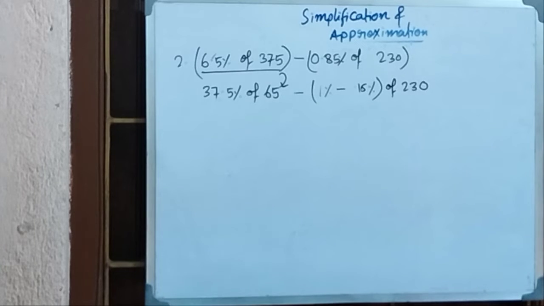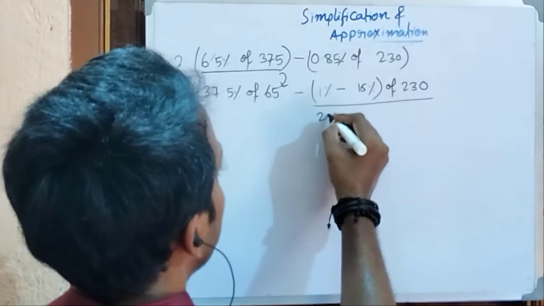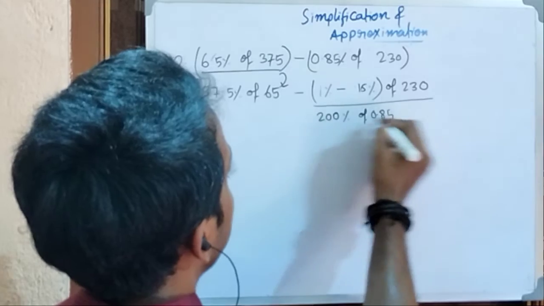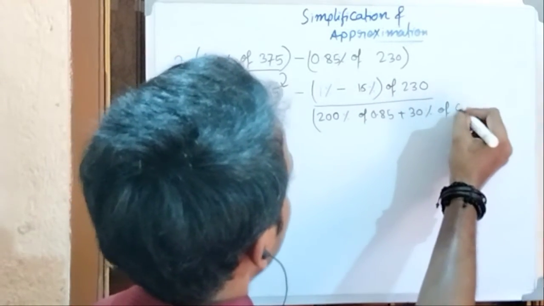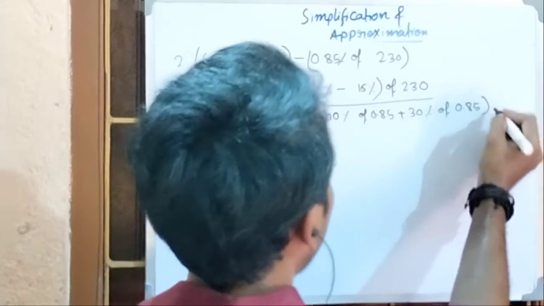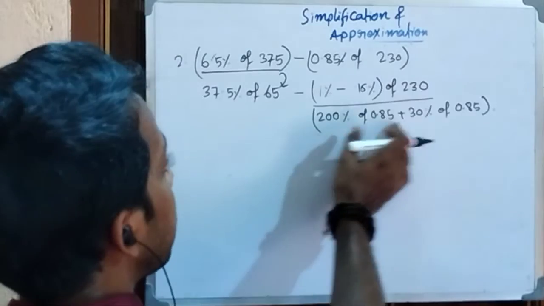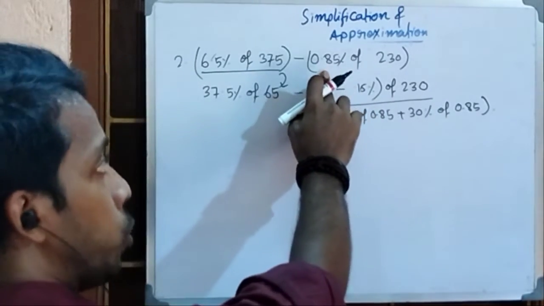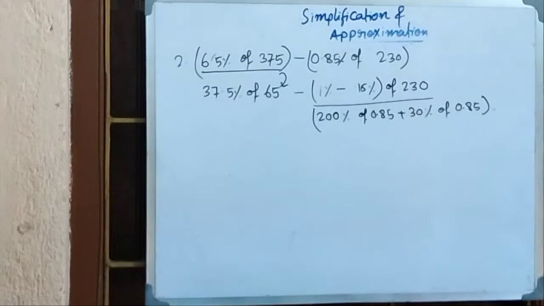Otherwise one more thing we can do, 200% of 0.85 and plus 30% of 0.85. This much stuff I am writing down here, but it will play in your mind. You should not write this in the paper. Okay, just 200%, it multiplied by 2, and for 30% just divide by 10 and multiply by 3. This much stuff is okay.